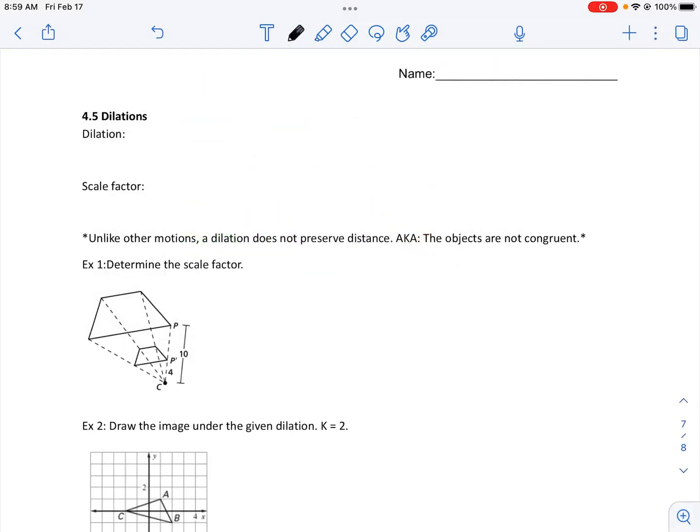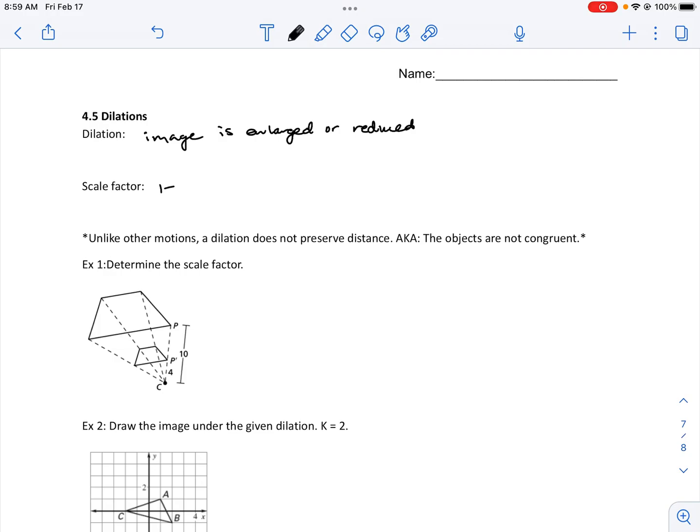4.5 is about dilations. A dilation is when an image is enlarged or reduced. The scale factor determines how much it is enlarged or how much it is reduced.